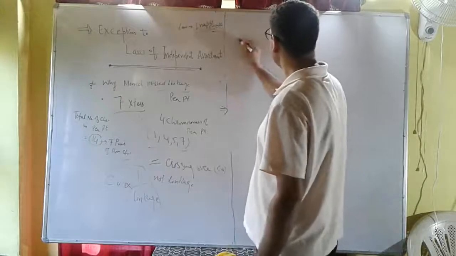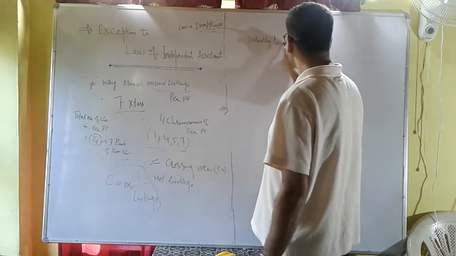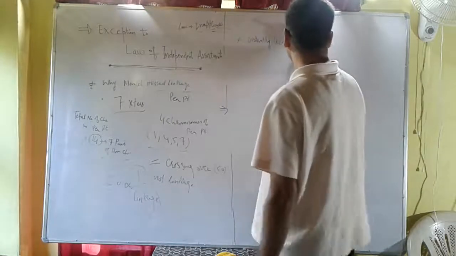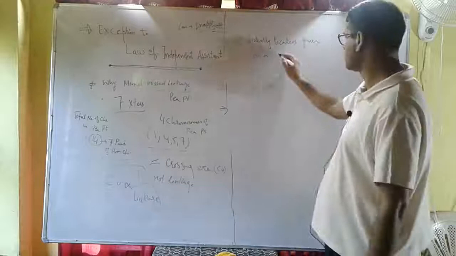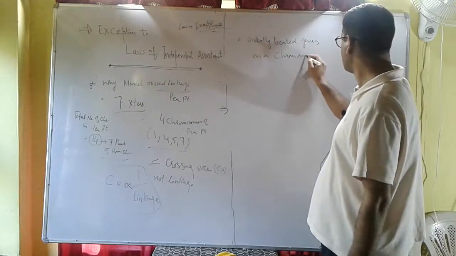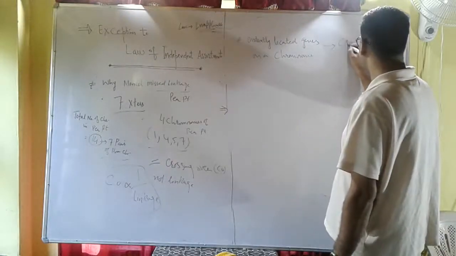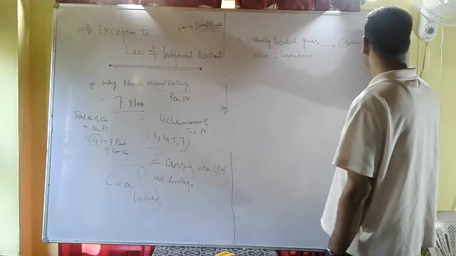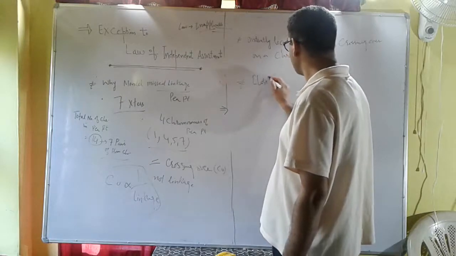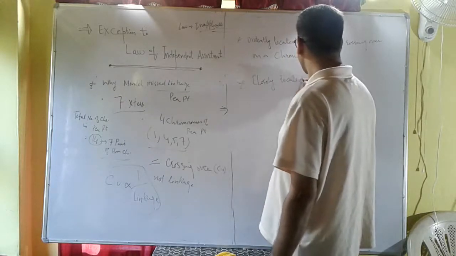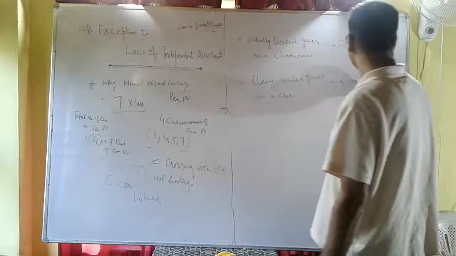So we can write: distantly located genes on a chromosome show crossing over, and closely located genes on a chromosome show linkage.